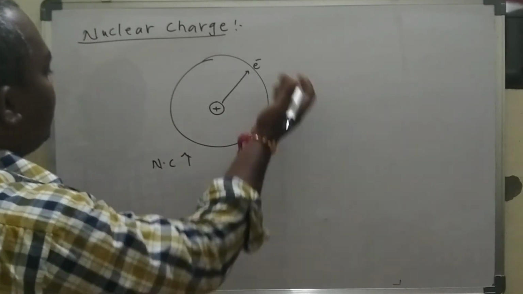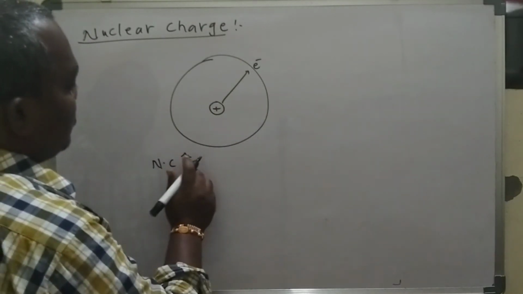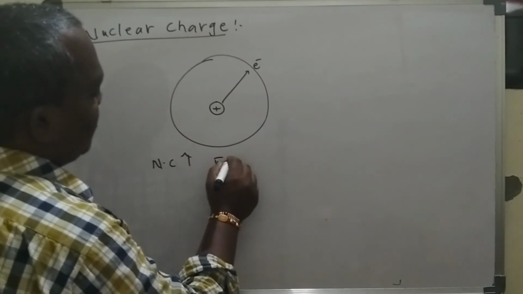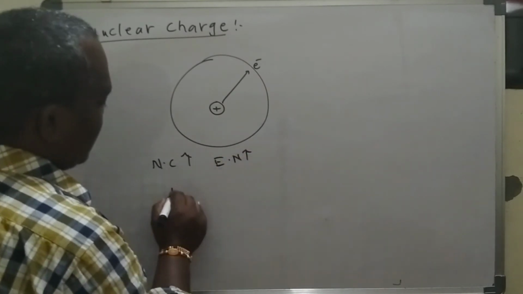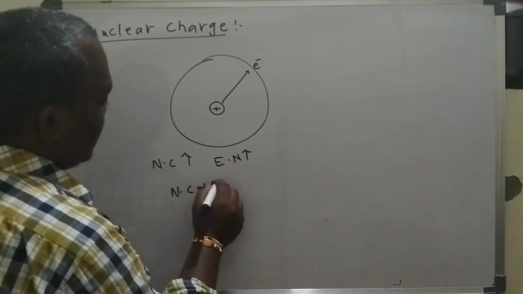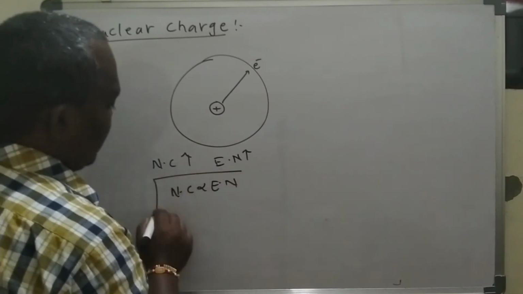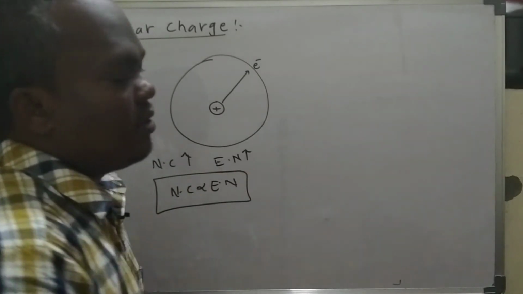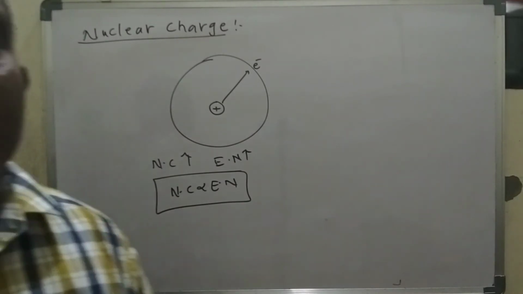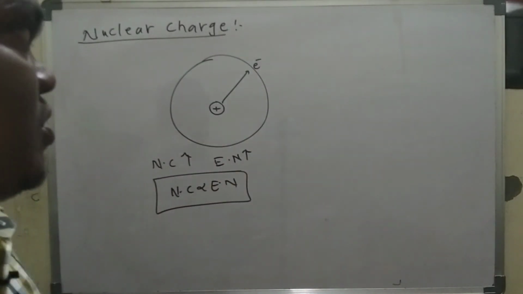Then the pulling of the shared pair of electrons towards itself increases. Then electronegativity also increases. They are directly proportional to each other. So electronegativity and nuclear charge are directly proportional, right?